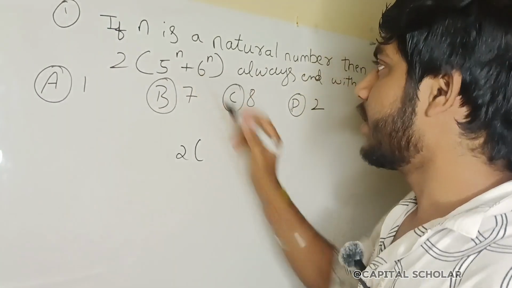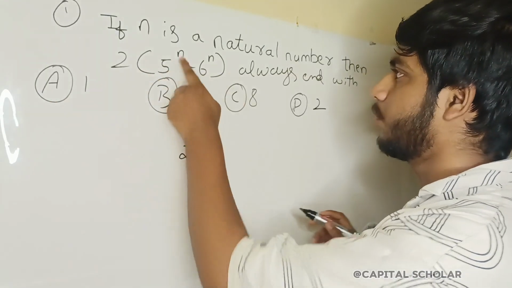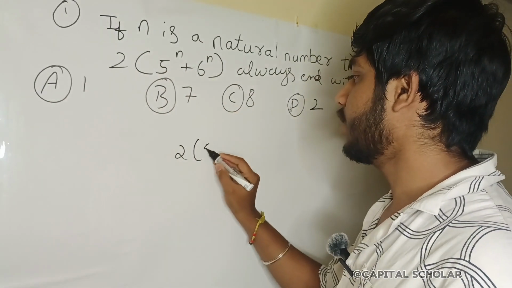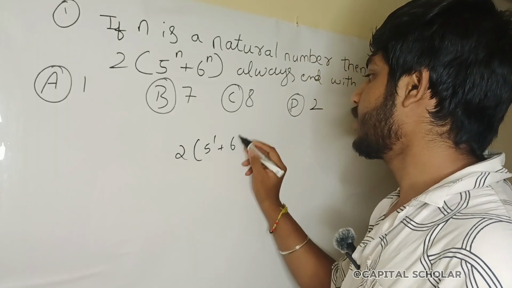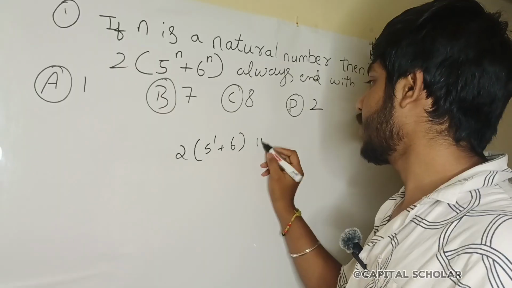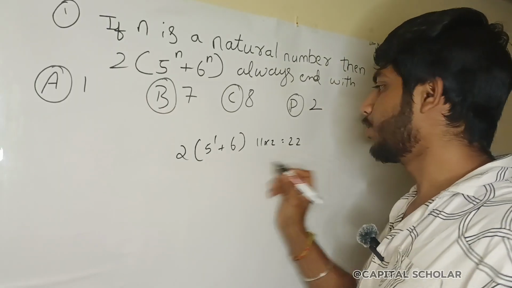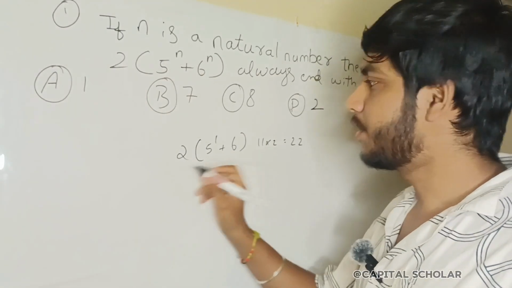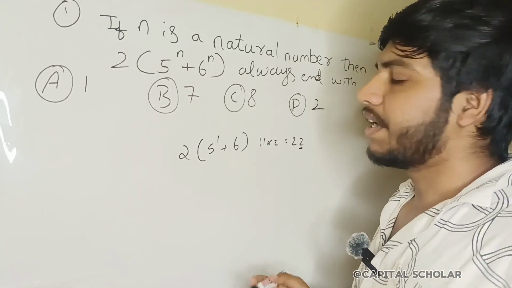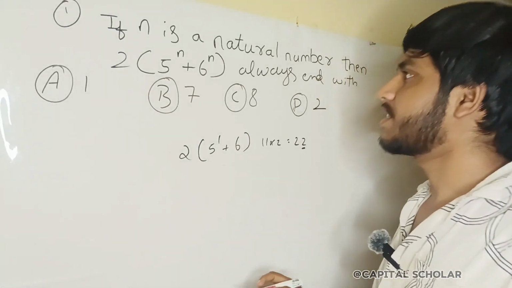Let us assume n is 1. 5 to the power of 1 is 5, 6 to the power of 1 is 6. If we simplify, 2 into 6 is 12, plus 5 is 17... we can't say by simplifying with one number, so let us take another number.